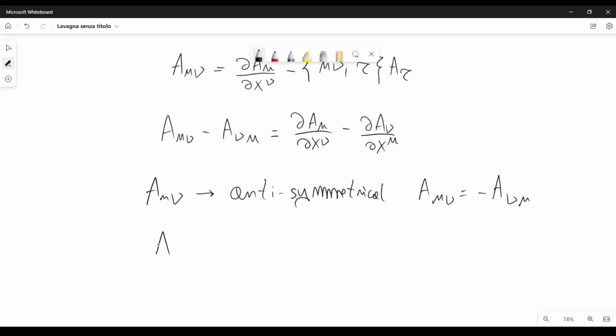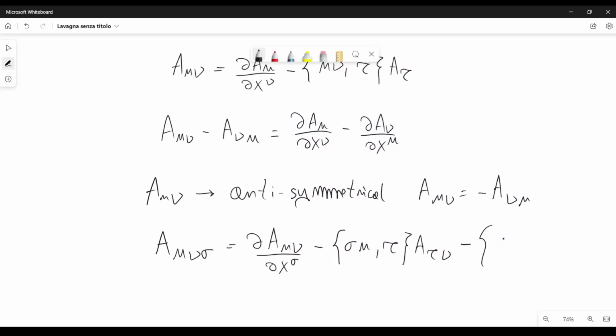We start from an expression that Einstein has already derived at this point: A_{μν;σ} equals the derivative of A_{μν} with respect to x^σ minus Christoffel Γ^τ_{σμ} A_{τν} minus Christoffel Γ^τ_{σν} A_{μτ}.